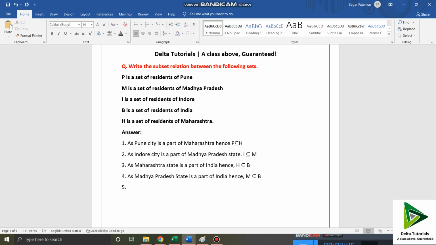More subset relations can be derived. Now, Pune is a part of Maharashtra. So we can say that Pune is part of India also. So we can say that set P is a subset of B also.